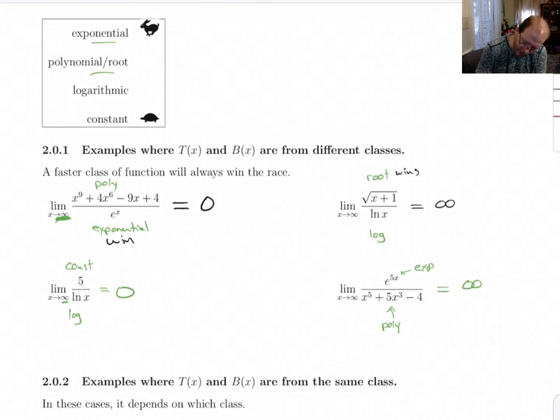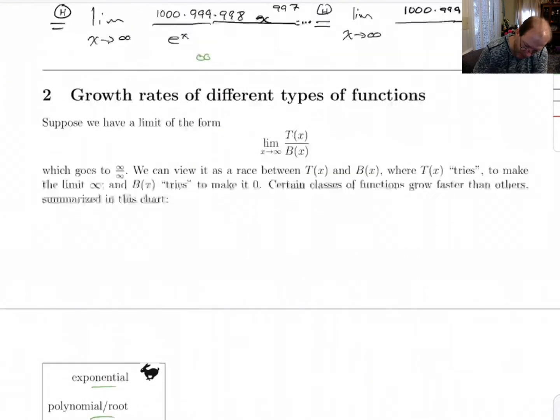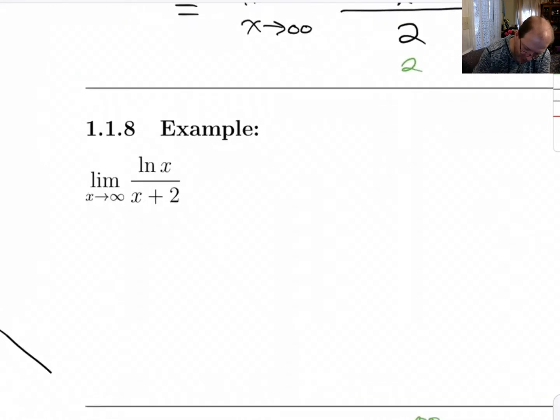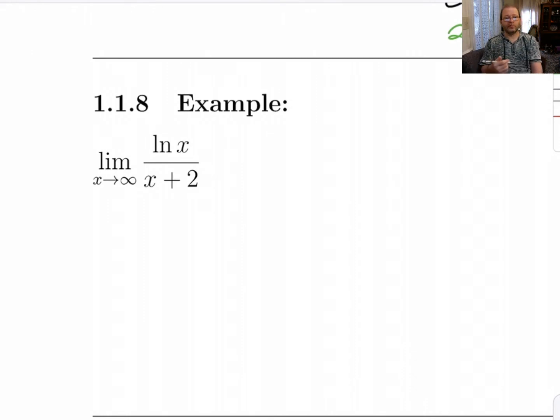Before we look at things where they're from the same class, I want to go back up to an example we skipped earlier, example 118. If we look at this one, we can do it now using the classes of functions. What we've got is a logarithm on top, and a polynomial on bottom.